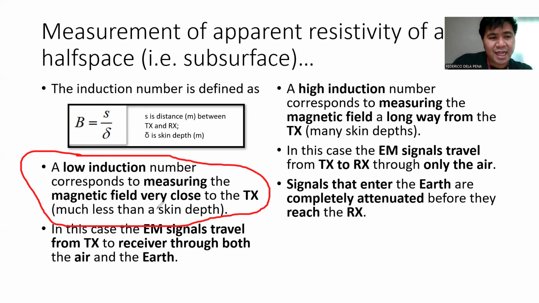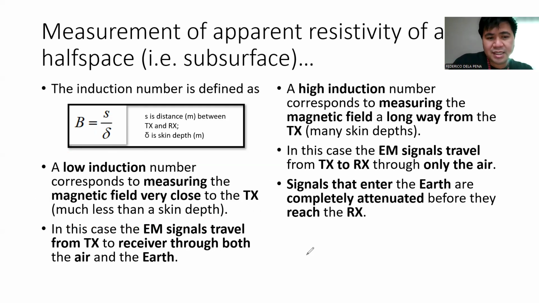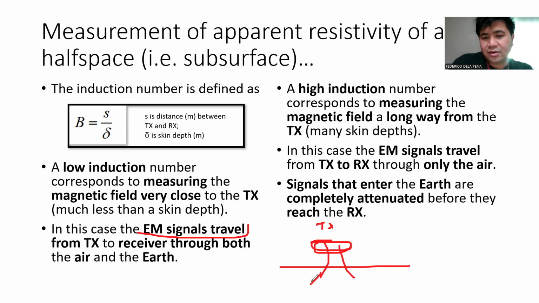And the practical meaning of low induction number is that if this is your transmitter loop, this is what's happening at low induction numbers. As you generate the signal, it immediately enters the subsurface. That's the only practical meaning of low induction numbers.